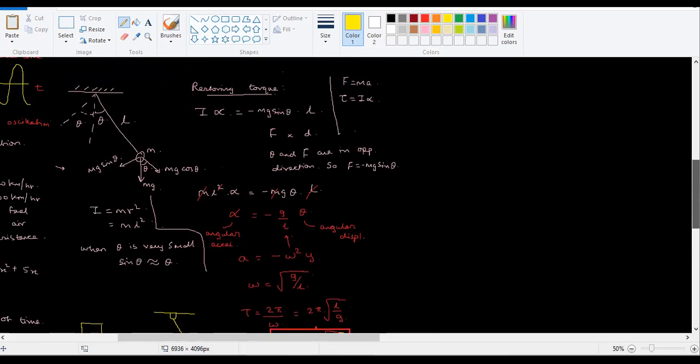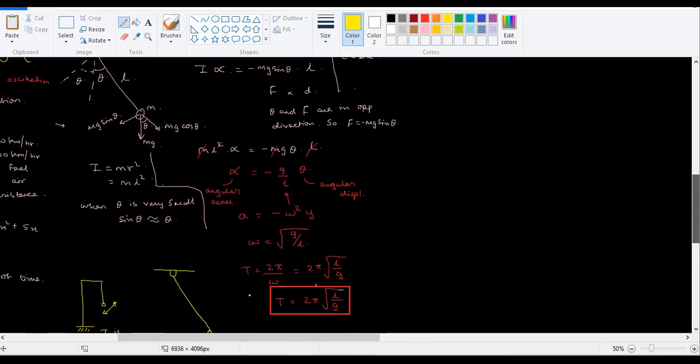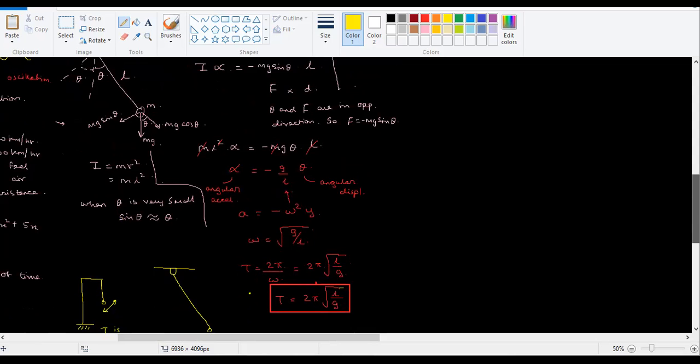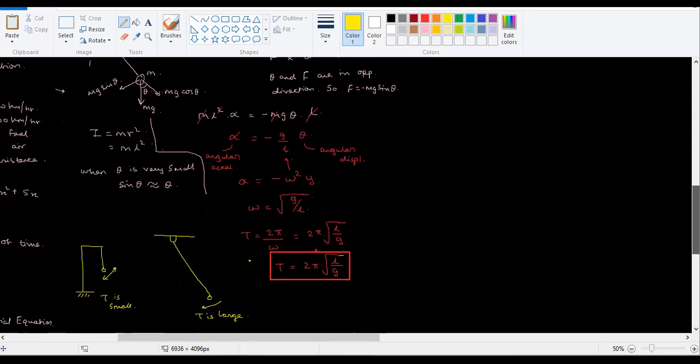Any steps which are not making sense, please ask. So what we have done is we have derived the omega for a simple pendulum and found the time period for a simple pendulum.